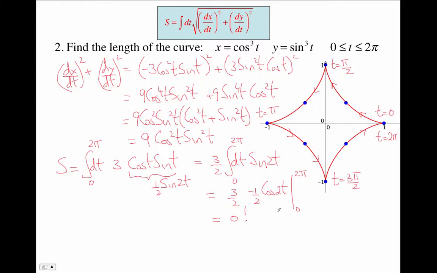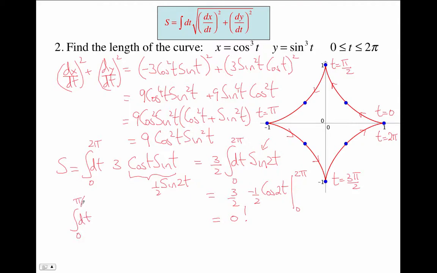So is the formula wrong? The answer is no. It's just that we need to recognize that distance is always positive, but sine 2t keeps changing its sign.